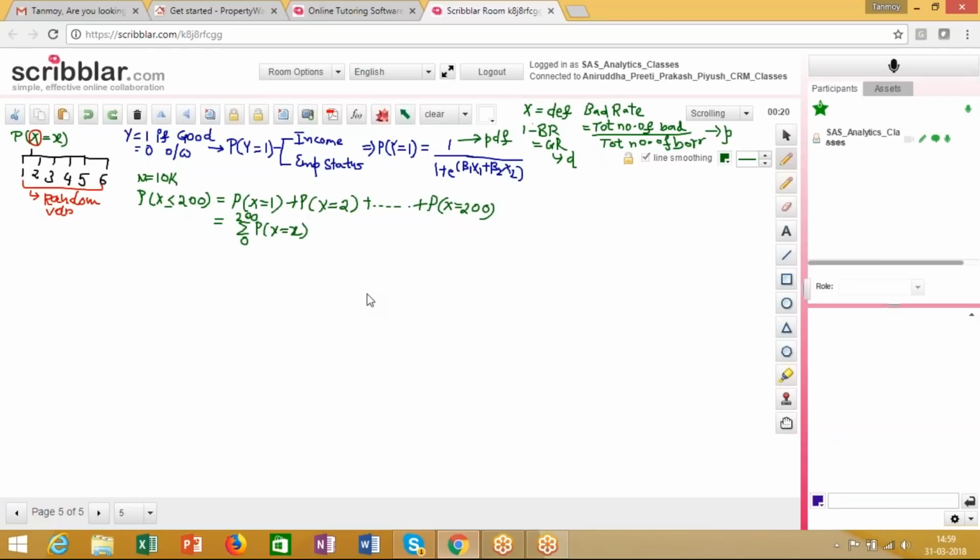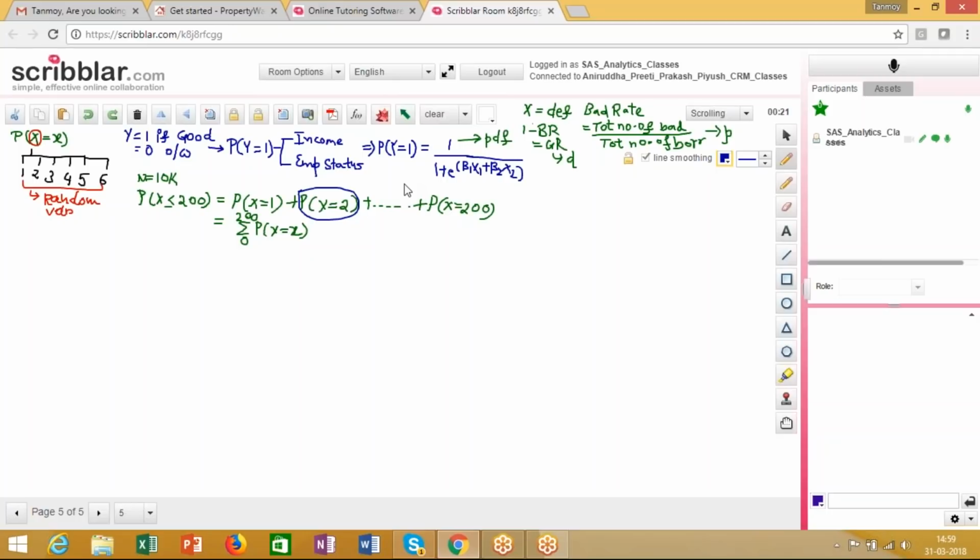Now the question that comes out is how will I calculate or express this probability of default? How will I calculate x equal to 2, or x equal to 1, or x equal to 200? That is where the next part comes in. I need to create a mathematical representation for this.